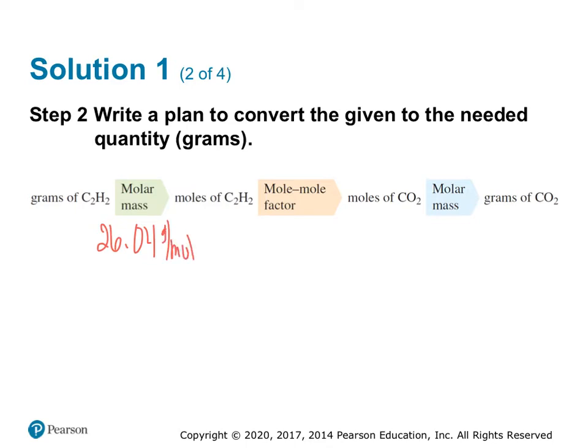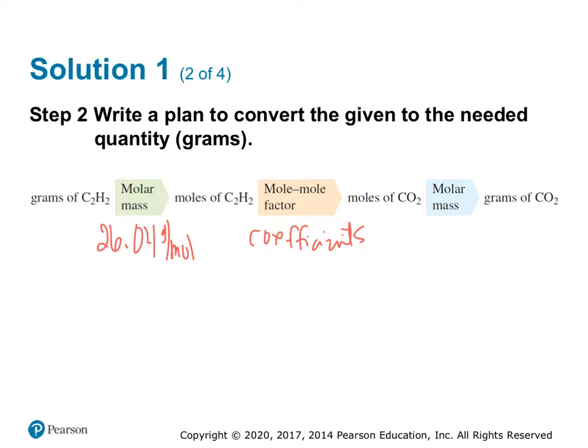So once we use the molar mass to get us to moles of C2H2, from moles of known to moles of unknown we're going to use the mole to mole factor, which uses the coefficients from our balanced equation.